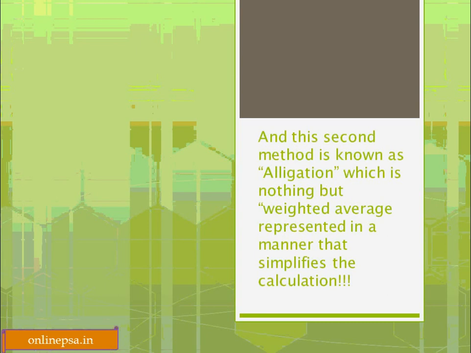Interestingly, this second method is known as alligation, which is nothing but another representation of weighted average, and that has simplified our calculation. It does not include any variables as such and gives us the result, the ratio that we seek from the answer.